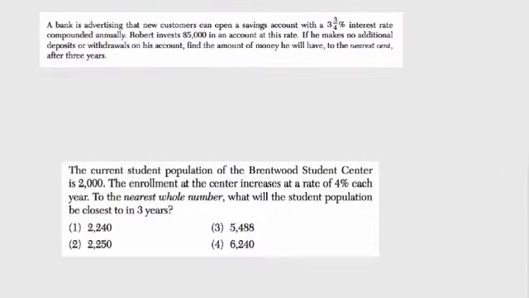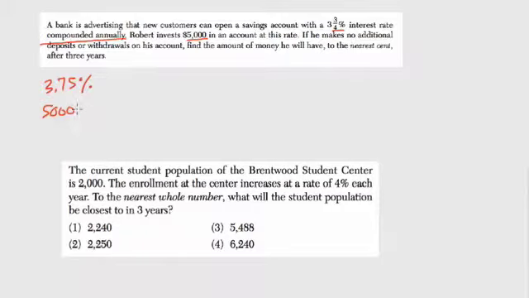In this next one, we have a bank with a 3.75% interest rate compounded annually. That means if you start with $5,000, after the first year you'll gain 3.75%.